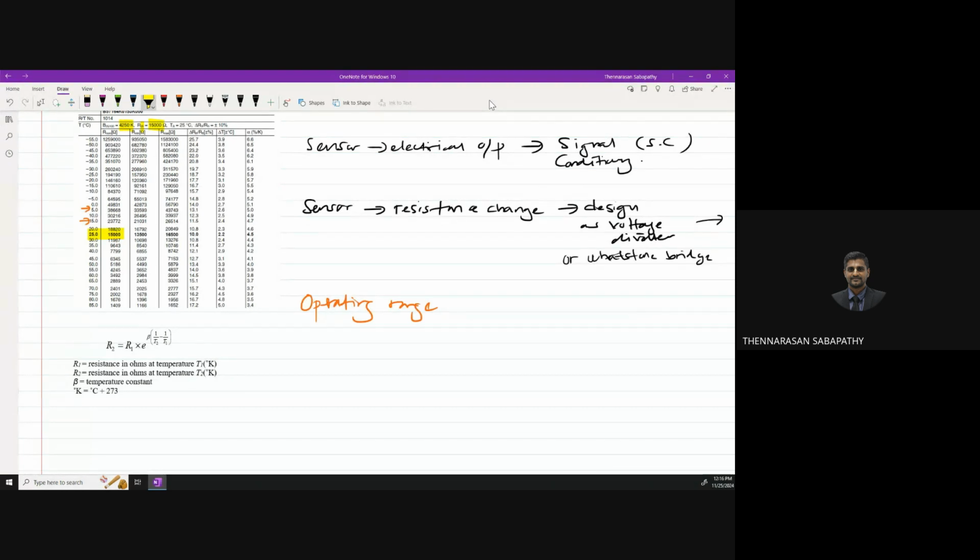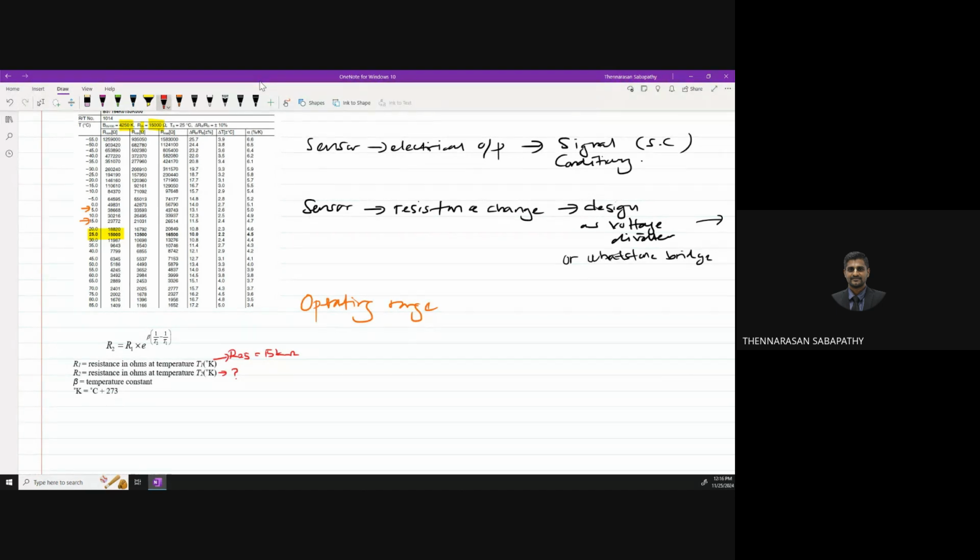The R2 is the resistance at the temperature that you want to find. R25 is in this case 15 kilo ohm.